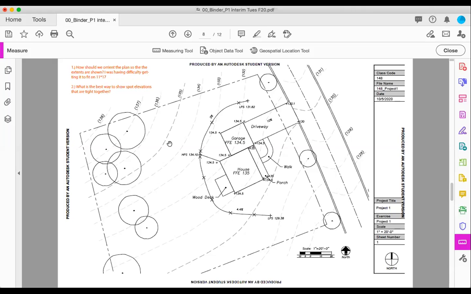But one note here, I think everybody could benefit from is you could orient all your spots. Now the most common way is for all the labels to be parallel to the bottom of the page, exactly the direction you're showing here. But in our case, it's also reasonable to align that with the building.